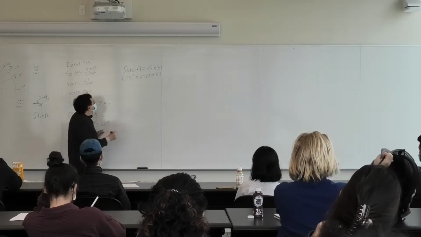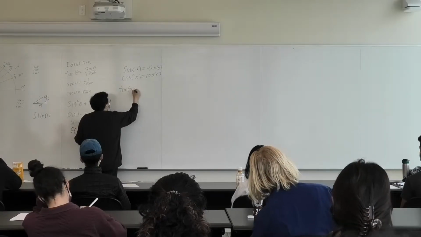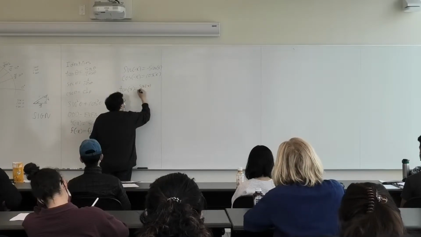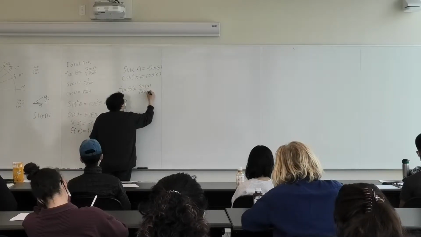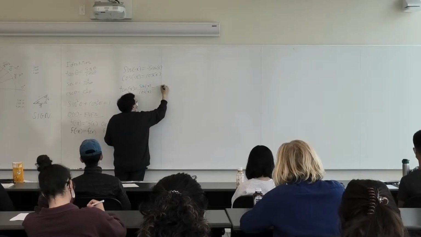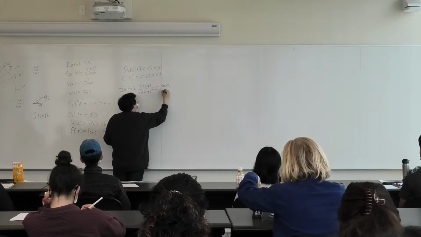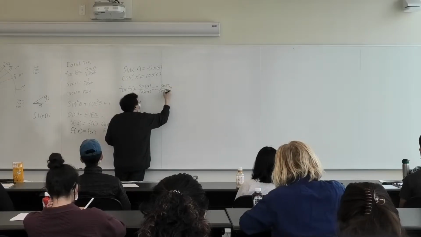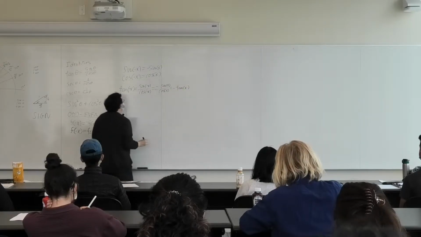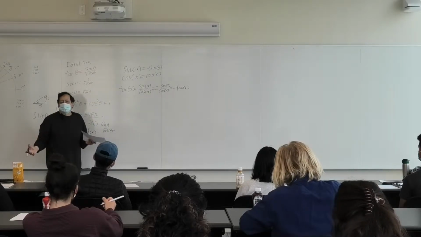Tangent of negative x is sine of negative x over cosine of negative x. But sine of negative x is negative sine of x, and cosine of negative x is still cosine of x because it's even. So we just have negative tan of x. That tells me immediately the tangent is an odd function.